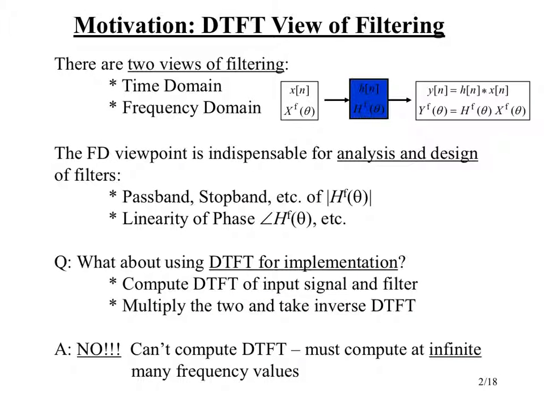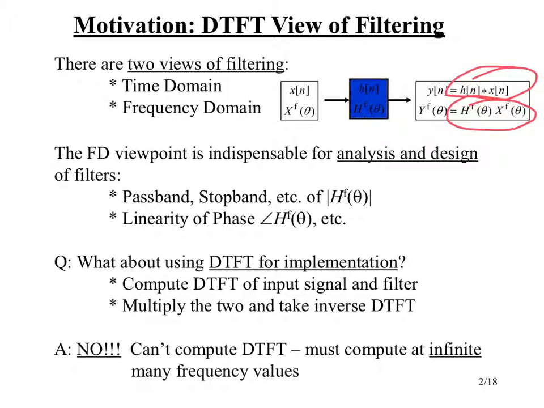So here's the motivation. From the analysis point of view, we know that we can model or interpret what a linear time invariant system does in the time domain as convolution, and in the frequency domain, by the convolution property, we can represent the effect of convolution as a multiplication.